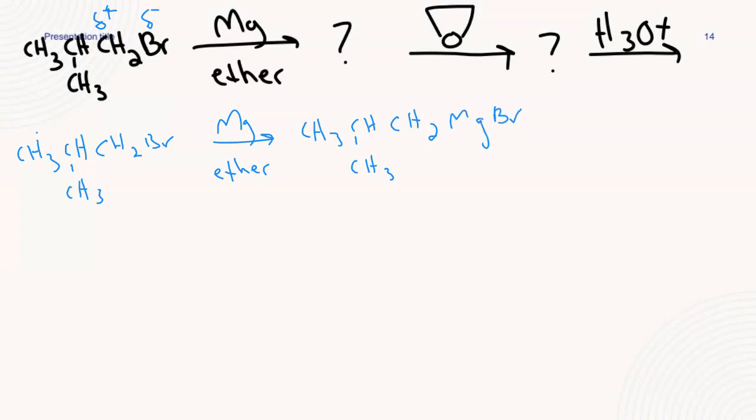Originally your carbon was partially positively charged because it was connected to bromine, which is more electronegative and pulling electrons more. But now it's connected to magnesium, which is less electronegative. So now the carbon is pulling more electrons than the magnesium, and your carbon is partially negatively charged and the magnesium is partially positively charged. It's still a covalent bond, but the polarity is switched. Does that make sense? Okay.